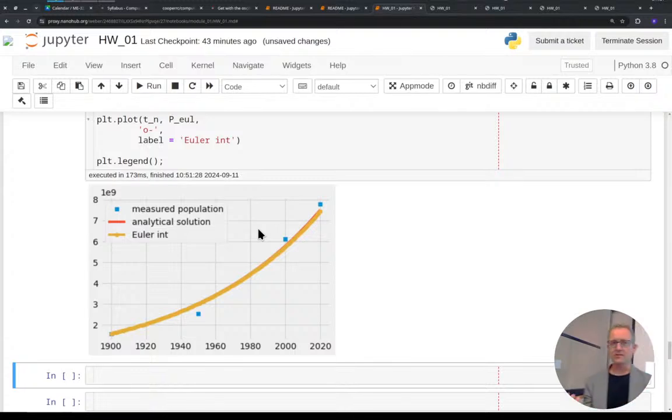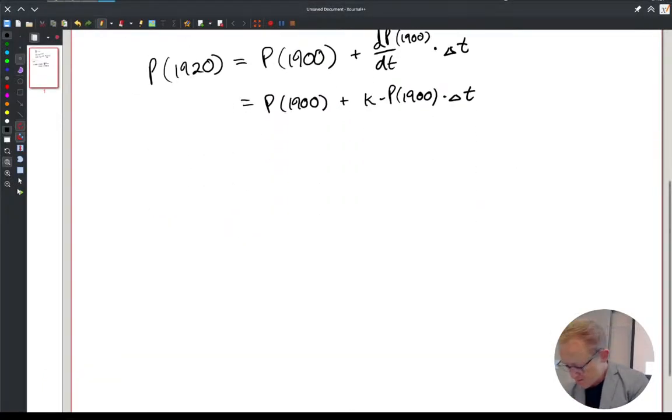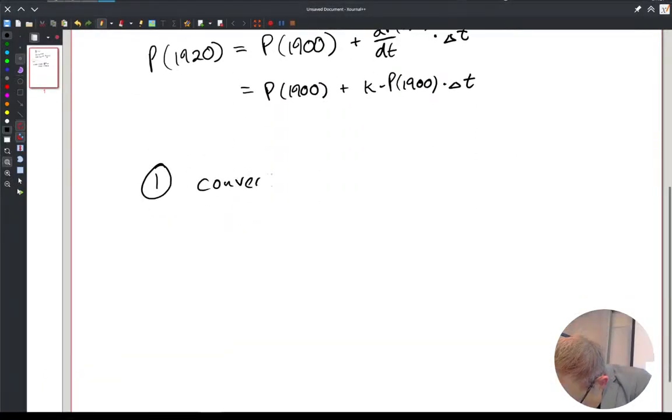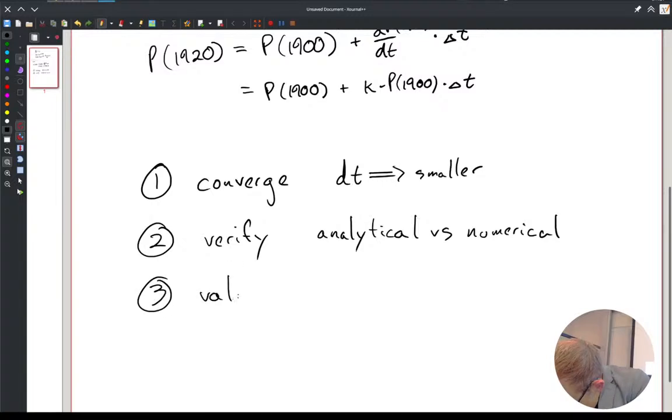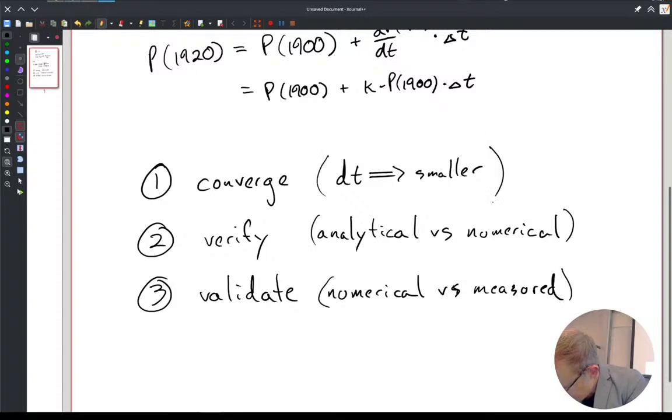And that would be my validation step. So that's the 3-step numerical process.